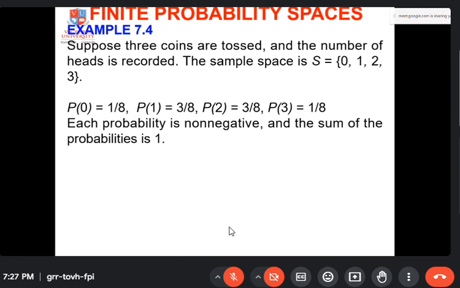They were 8 points. Now, the problem we are talking about is that we are interested in recording the number of heads which we get after tossing 3 times.